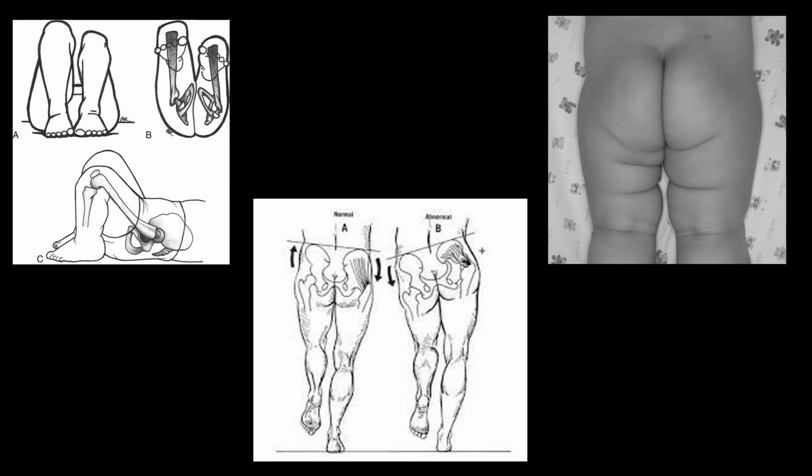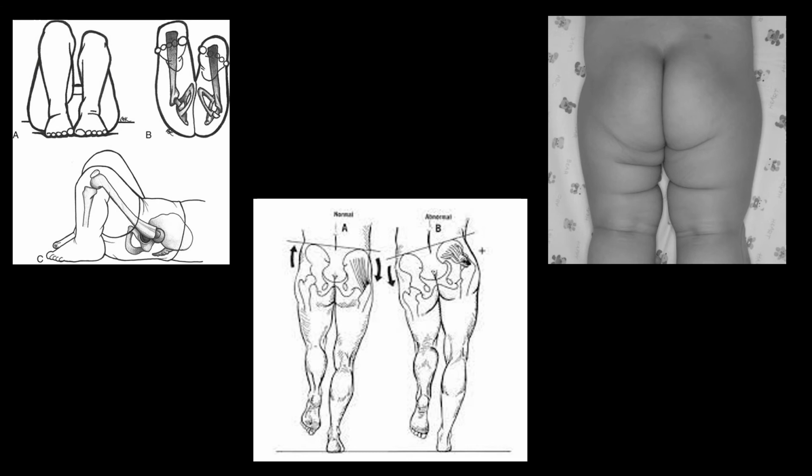And this is just a video on the Barlow and Ortolani maneuvers. This top left picture is just noting leg length discrepancy, especially looking at the height of the knees. One knee will be higher than the other. The extremity with hip dysplasia will be higher than the other.